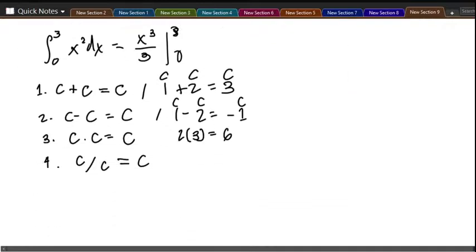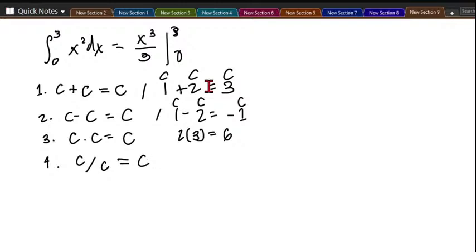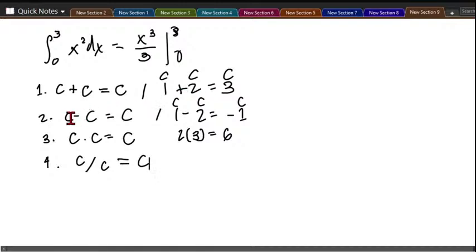Now, on the concept of arbitrary constants, if you add two constants together, the answer is still a constant. For example, if your first constant is 1 and your second constant is 2, then 1 plus 2 is 3, and that is still a constant. Also, a constant minus a constant is still a constant: 1 minus 2 is negative 1.